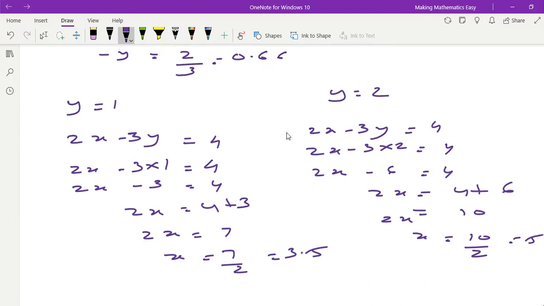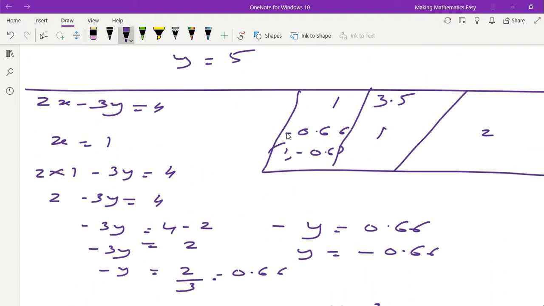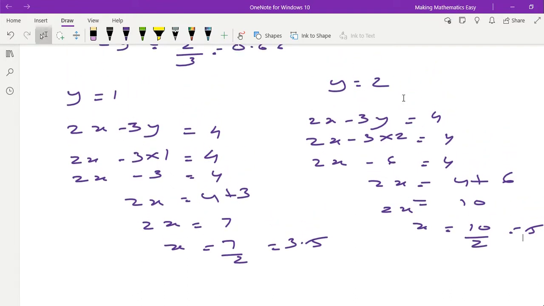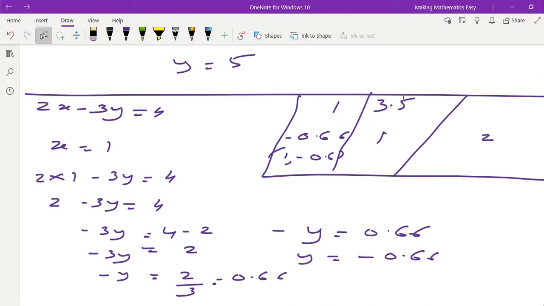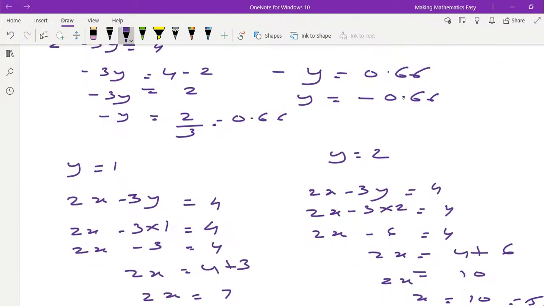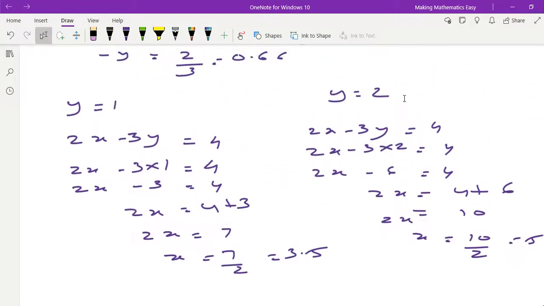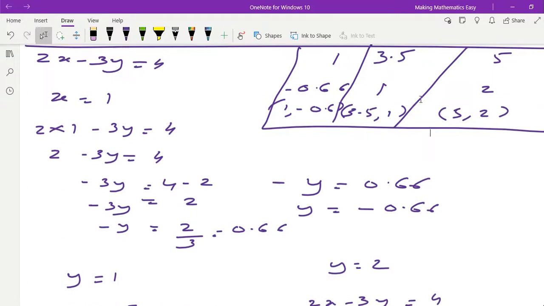This will be 5, so your value of x will be 5. So this was 3.5 comma 1, and this is 5 comma 2.